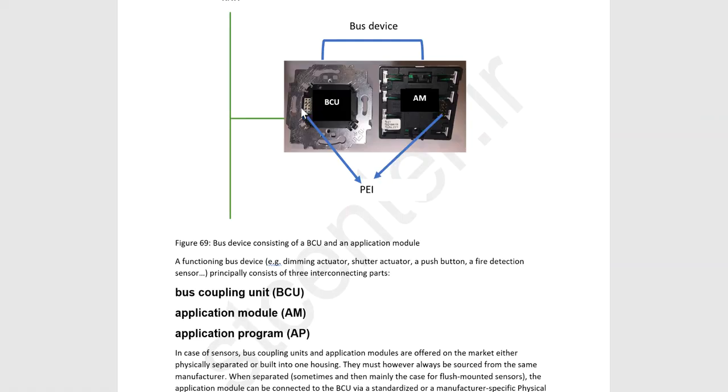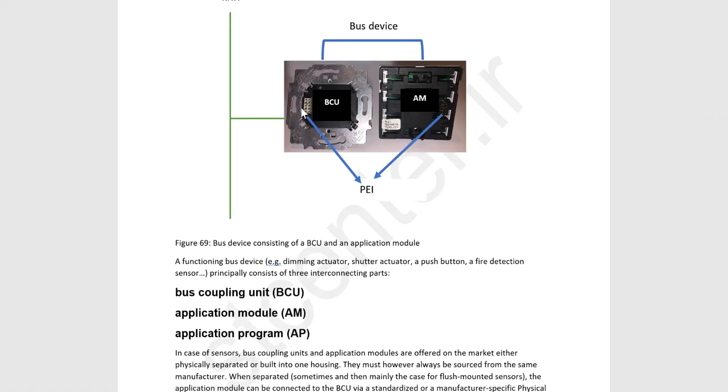I mean, in B4 most of the keypads that are installed on a wall can be separated into the application module and bus coupling unit. These days we barely see these parts separated in the market, and we saw one device, but in fact this one device includes these three parts.